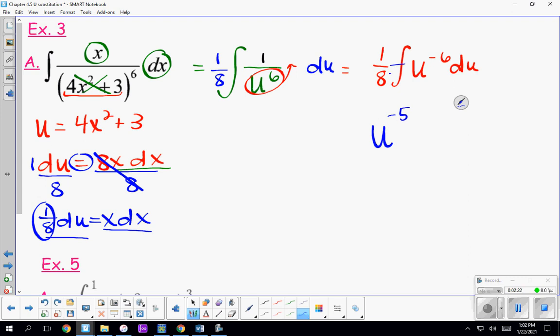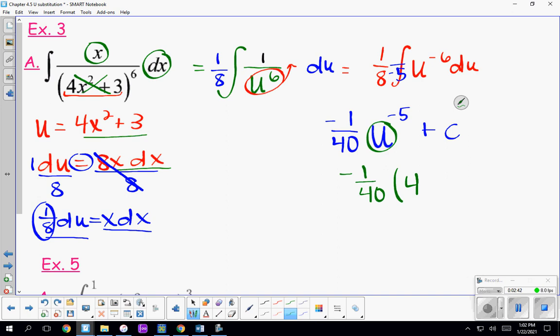So when I divide here by -5, I get -1 over 40, and then you have plus c. Just don't forget, I don't want to see a u in my answer. Since there's nothing left to do, this u is still there, so I must replace it with what I chose u to equal. So it's -1 over 40 times 4x squared plus 3 to the -5 plus c.